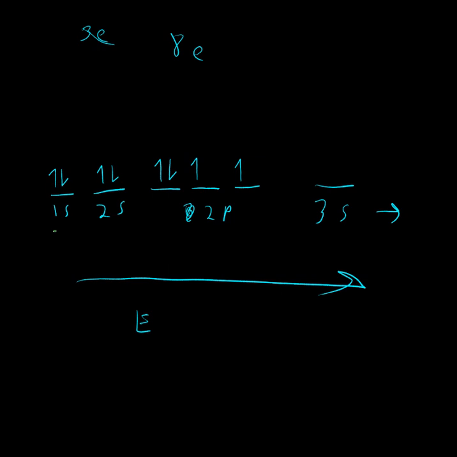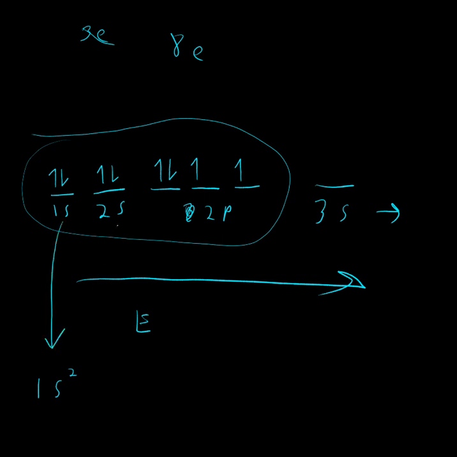If we have something like all of this, there has to be an easier way to write this out. So there is, and the way that we write this out is we just say, instead of drawing this as 1s with the up and down electrons, we say 1s2, and so that's what this becomes. Then this becomes 2s2.